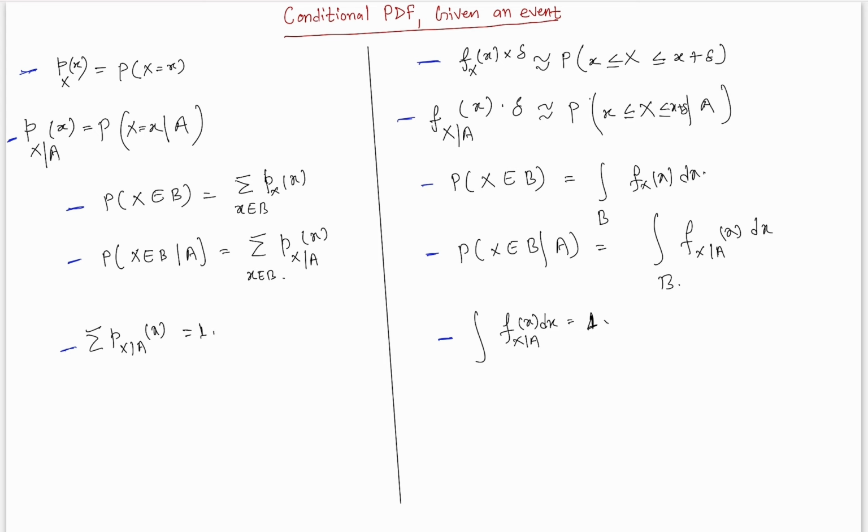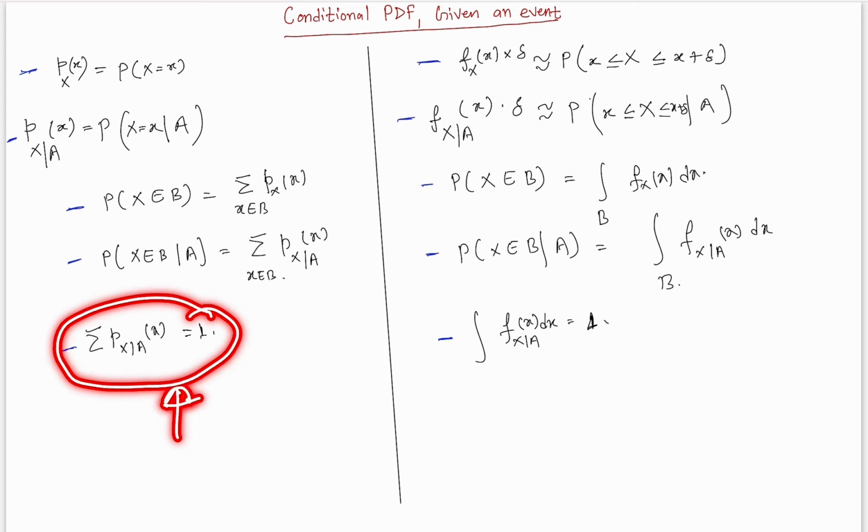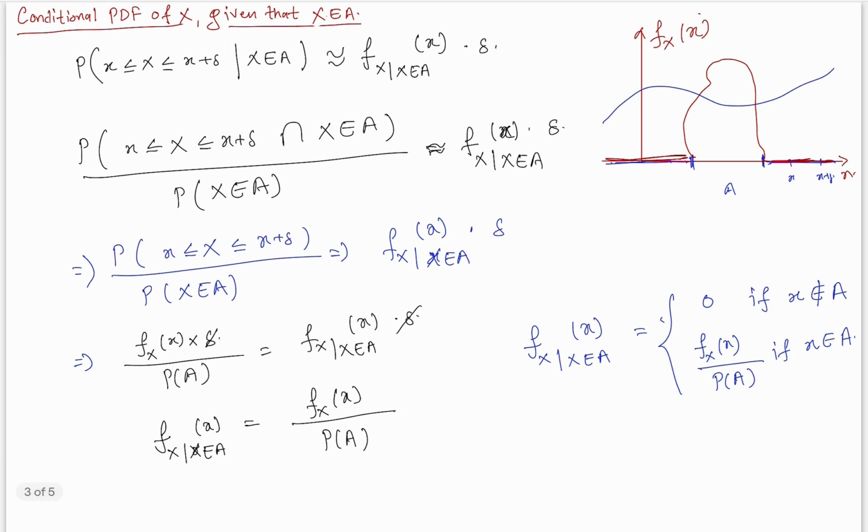That means the total probability in the conditional universe should also add up to 1.